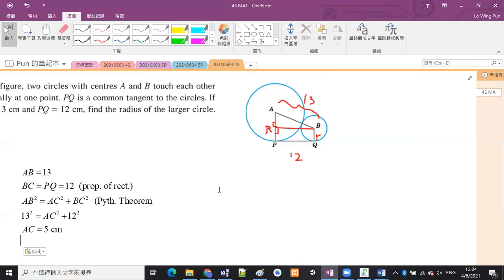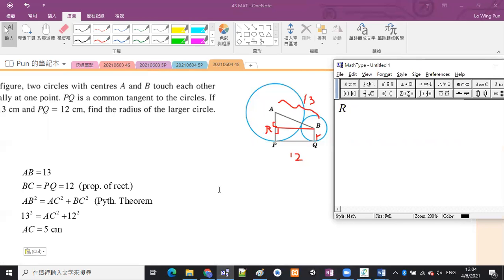If we have two unknowns, we may need to set up two equations, equation 1, equation 2, to solve simultaneous equations. So big R plus small r should be equal to 13. Can you see this? The distance AB is equal to the sum of the radii. So capital R plus small r should be equal to 13, and this is equation 1.